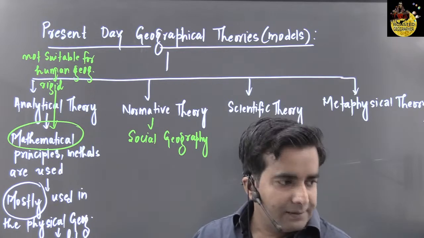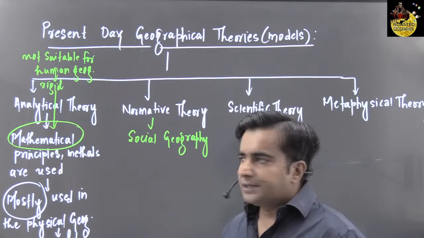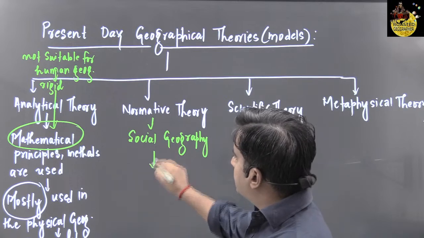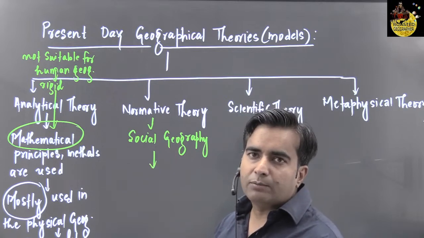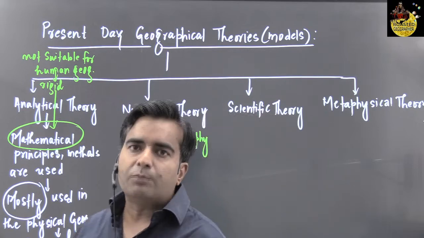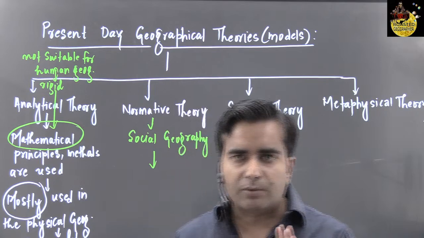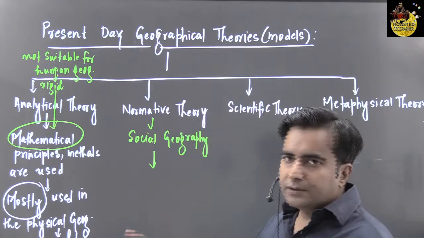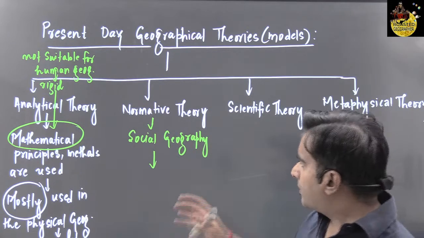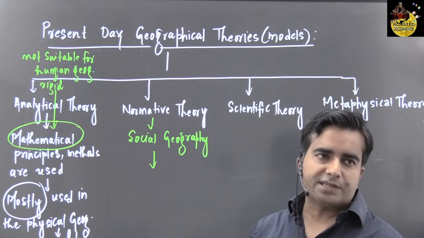But problem क्या है, when you are using the normative things, this is the most difficult to formulate a model or theory. ठीक है, दो behavioral models became very popular. हम जानते हैं कि behavioral models बने थे. All the behavioral models that you have read, they more or less fit in the normative theory, but the theory formulation is difficult.